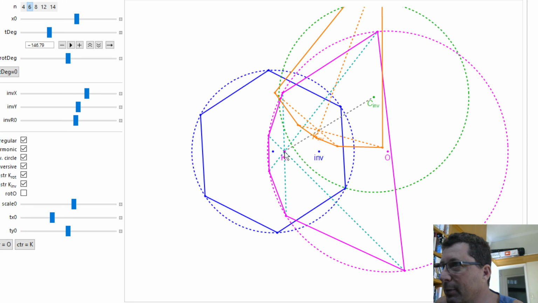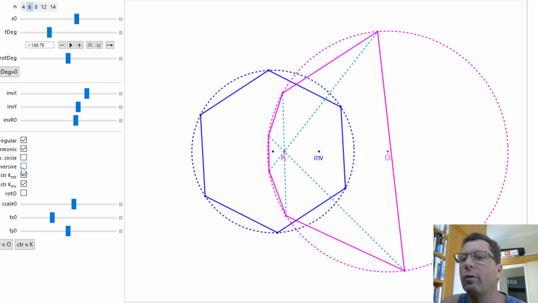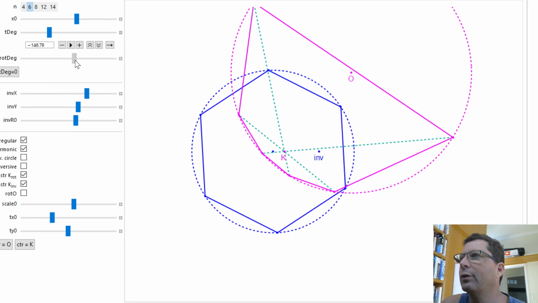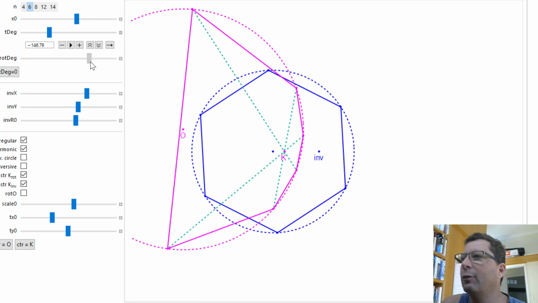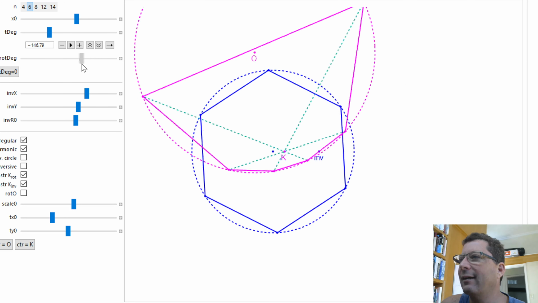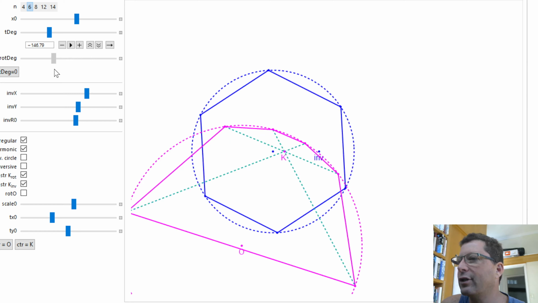And this point K is going to be the K of that new family. So let's rotate that. I'm rotating this family rigidly about its K.